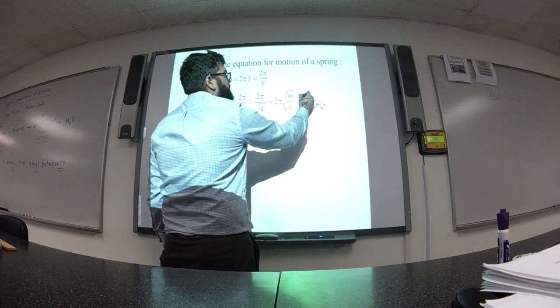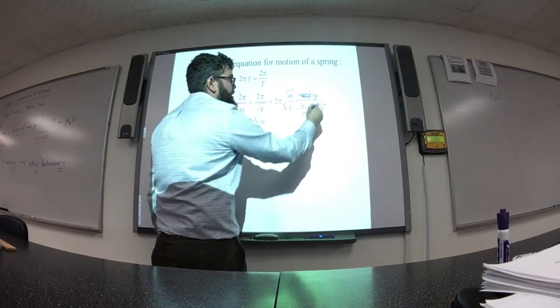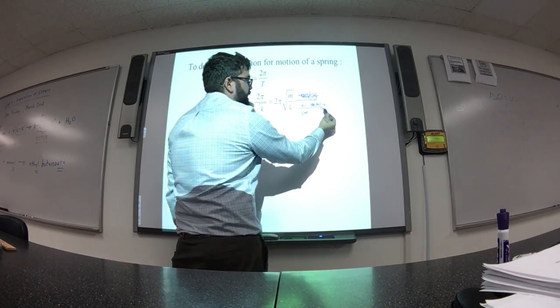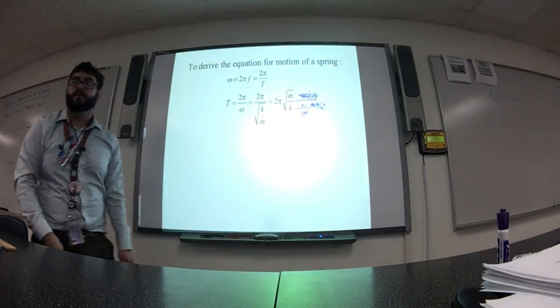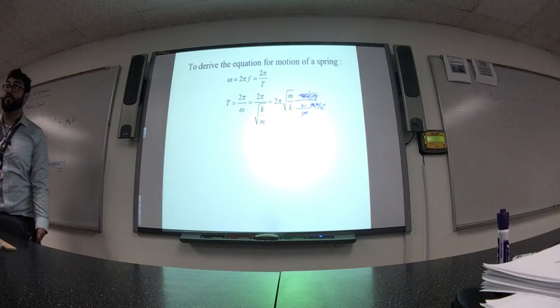Oh, no, that's mass. Whoops, sorry, kilograms. This is going to cancel with this, and then this goes to the top, so taking the square root of seconds squared is seconds. Yeah, so I know it has to be there for the units, for sure.